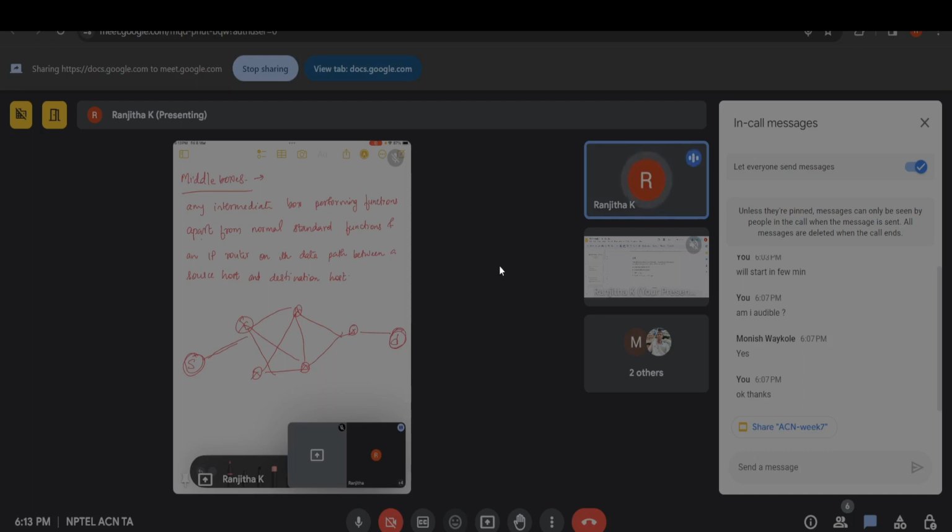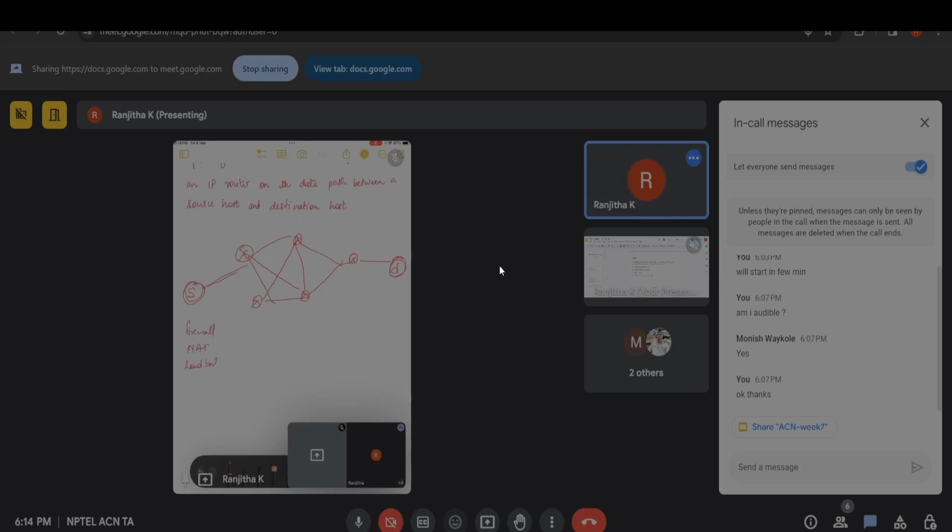Any one of you, what is an example of a middle box? The most common examples are a firewall, a NAT device, a load balancer, a proxy. There are many such devices that operators place in the network as a bump in the middle. That's a term called bump in the middle.